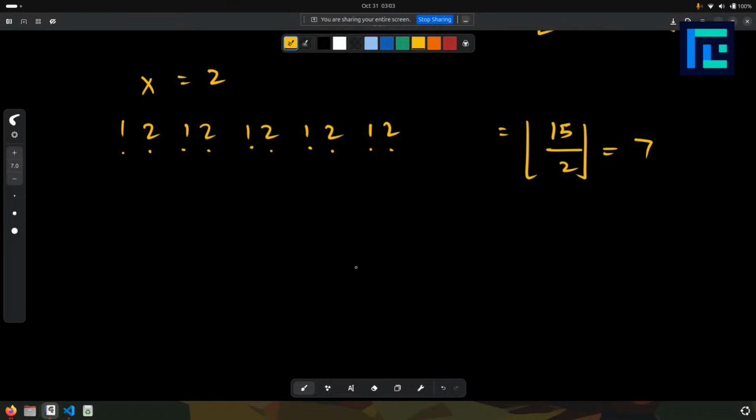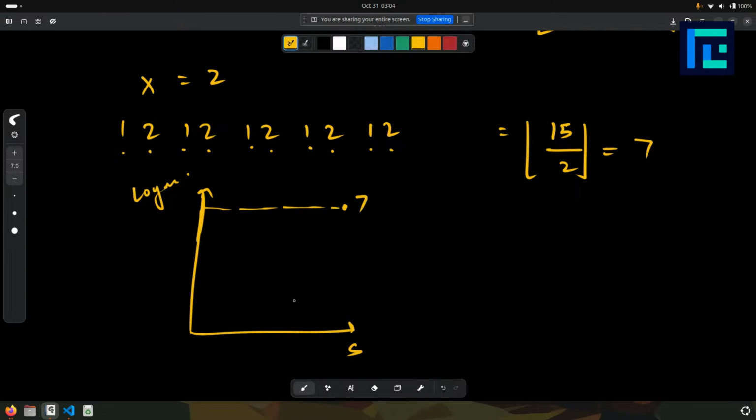So what does this mean? The loyalty score can go a maximum of 7, and minimum 0. So we can increase it a maximum of 7 times only.